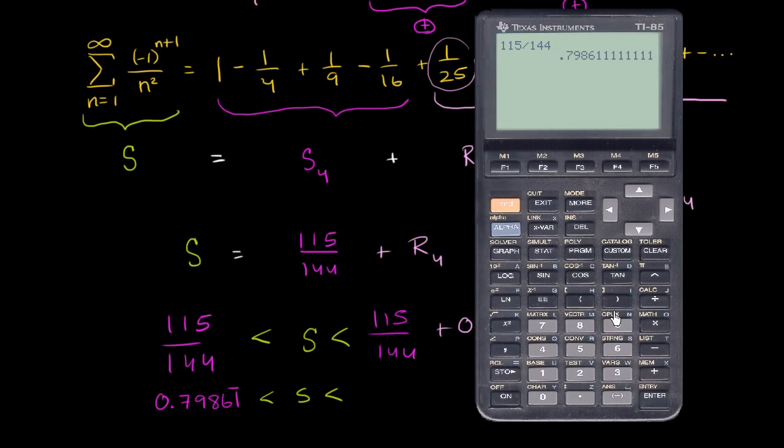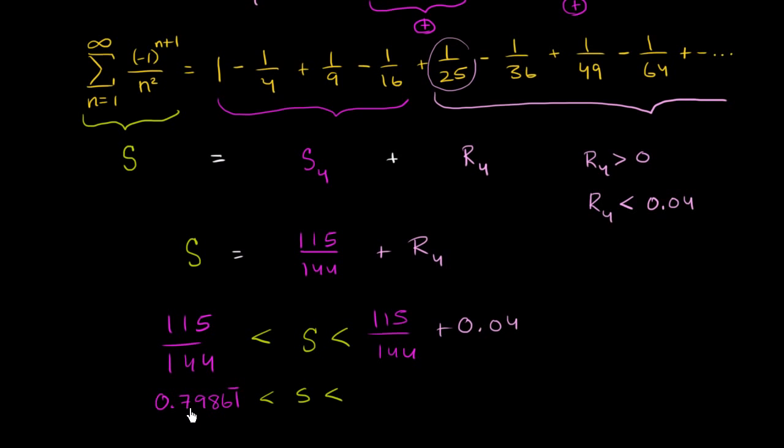So plus 0.04 gets us to 0.83861 repeating. So actually, I could have done that in my head. I don't know why I resorted to a calculator. And just like that, a calculation we were able to do by hand, we were able to come up with a pretty good approximation for S.